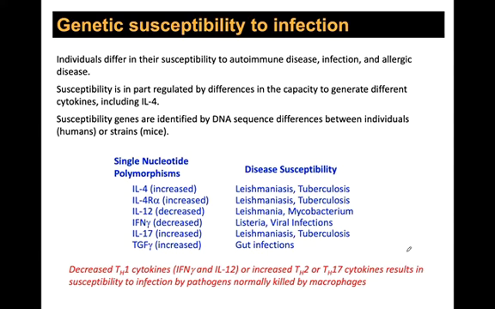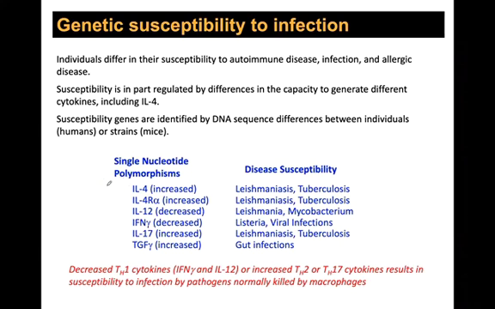And so in an outbred population like humans or wild mice, you have individuals that differ in their susceptibility to infection, to allergy, to autoimmune diseases. And that is in part regulated by differences in the ability of the immune system to generate different cytokines. And one of those is IL-4. And so here are some differences that have been noted.